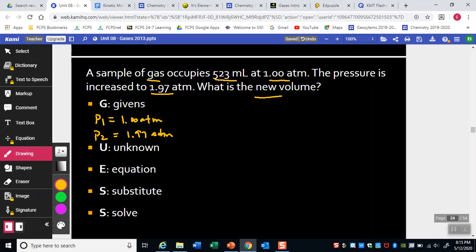All right. Well, let's see. Let's use this formula. The new volume is my unknown. I don't know this. With this first pressure, I did have a first initial volume, and that was 523 milliliters. Okay. So I know my equation is, since this is Boyle's law, and I know that it's inverse, P1V1 equals P2V2. All right, now I'm going to substitute what I've got.